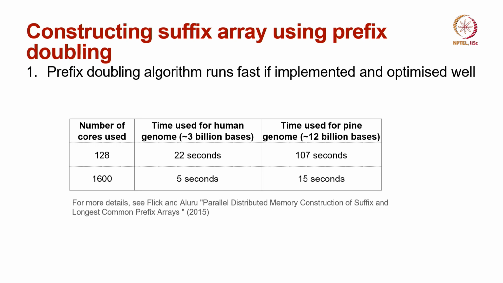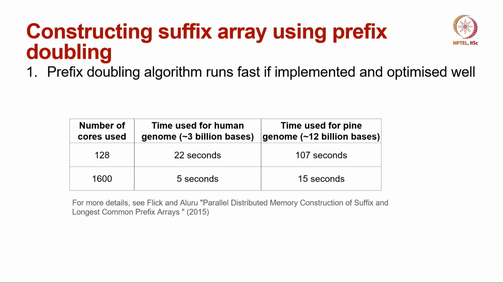Before that, let me also give you actual numbers to convey that the prefix doubling algorithm that we are going to study is actually fast in practice. I am pulling these empirical results from a 2015 paper. What these authors did is they implemented the prefix doubling algorithm and they optimized it for parallel machines.